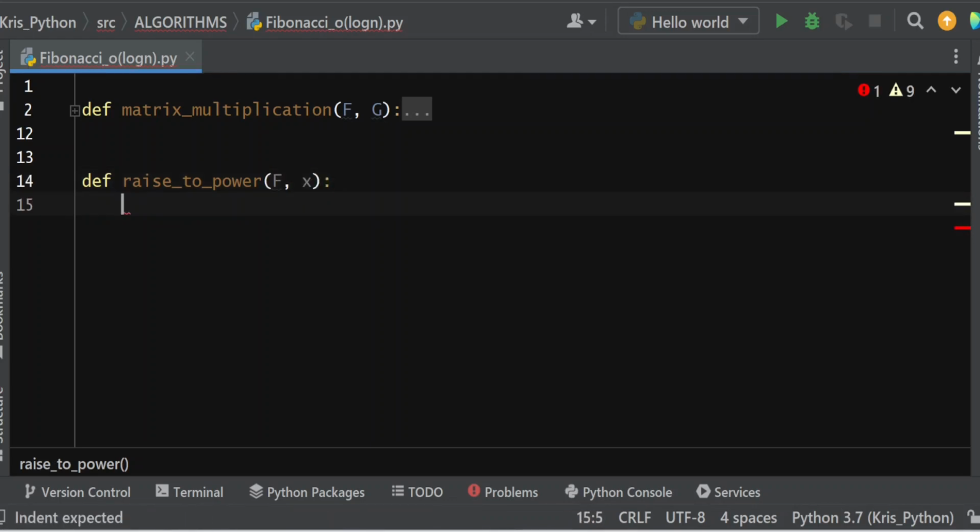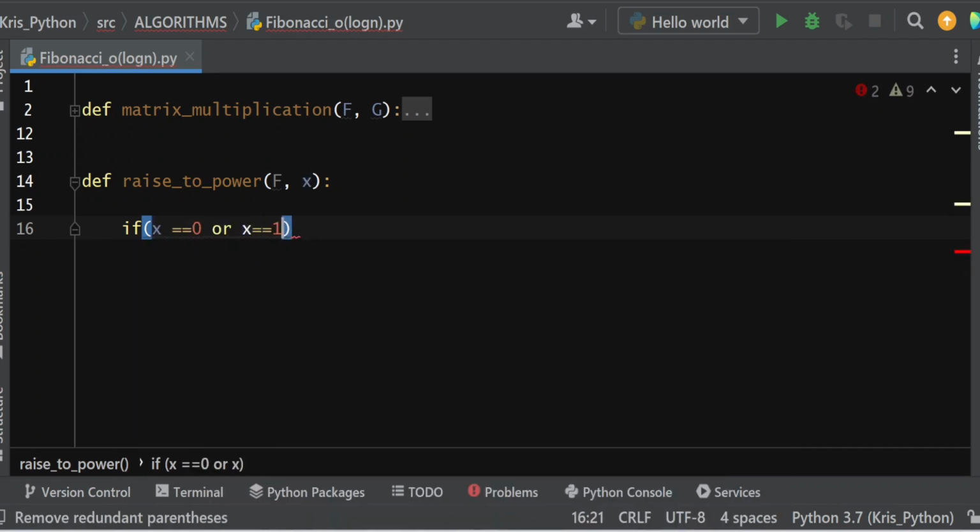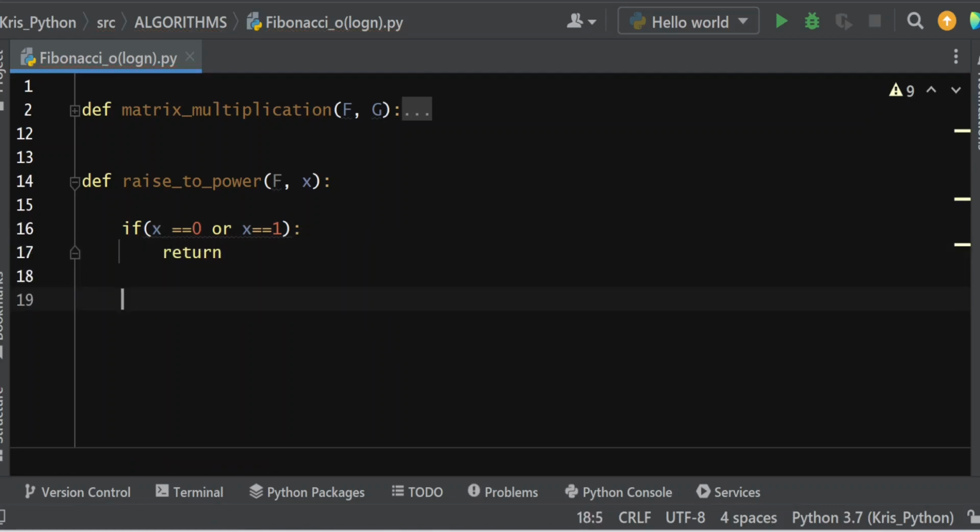So let's go ahead and implement our top-down recursion process to calculate the value of f raised to the power x. First, we start with the base case of this recursion. And let's go ahead and define our 2 by 2 matrix that we're going to start with.